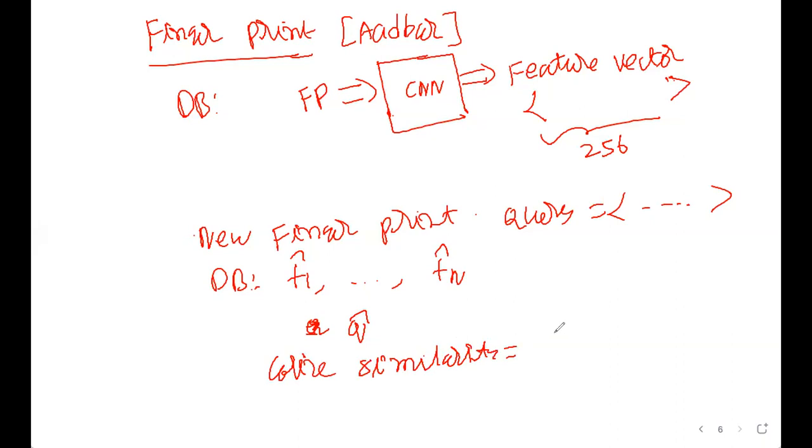You compute Q bar dot Fi bar for all i running from 1 to n, and you take the one which is close to 1. When the two vectors are in the same direction, the angle between them is 0 and their dot product approaches 1. If they are orthogonal to each other, the angle between them is 90 and the dot product becomes 0. So we have the cosine similarity measure.